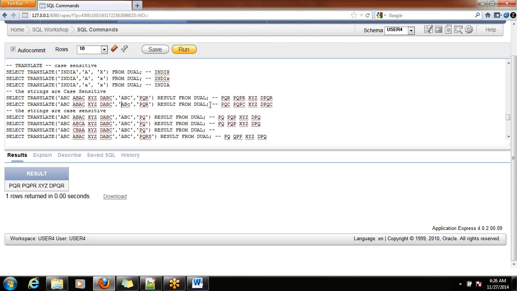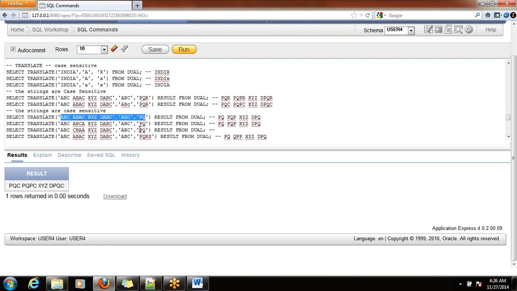Observe carefully, I execute this. So it will work only on A and on B, and you can see the result PQ. Now likewise, let me give ABC to PQ.